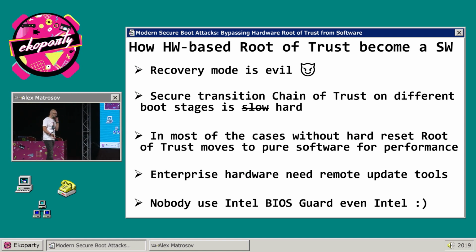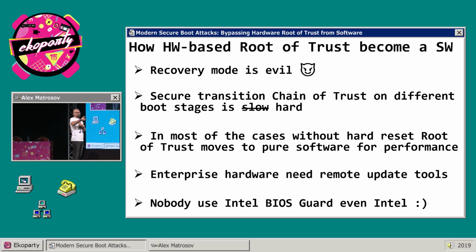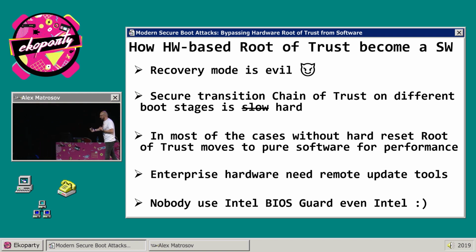If you verify everything at each stage, your computer will boot in probably minutes, but all the vendors want the screen to light up in a second. That means they have to optimize the verification chain of trust, especially the transition between different boot stages.